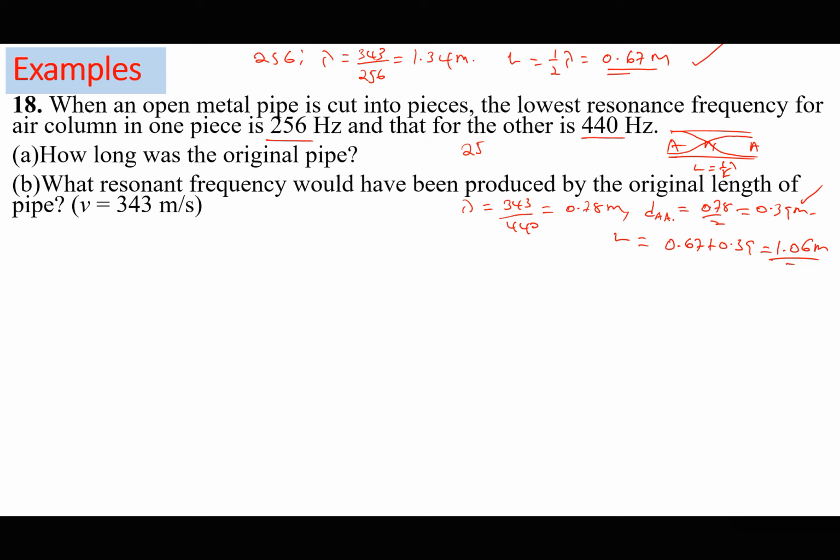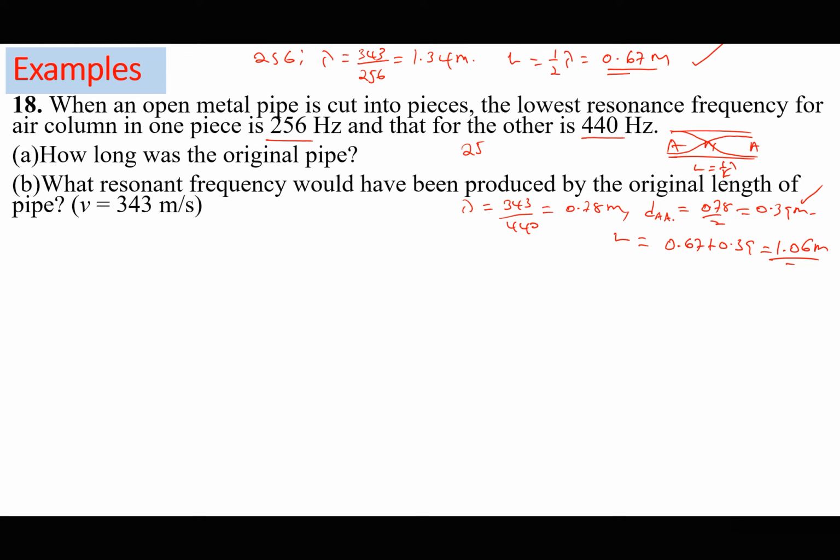And in the fundamental mode of vibration, if L is 1.06, then we shall say that 1.06 is equal to a half lambda, which means that the wavelength is going to be 2 times 1.06, which gives us 2.12 meters.